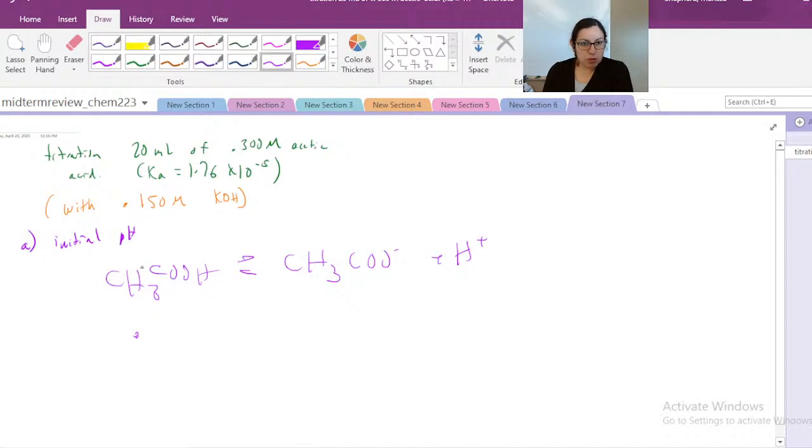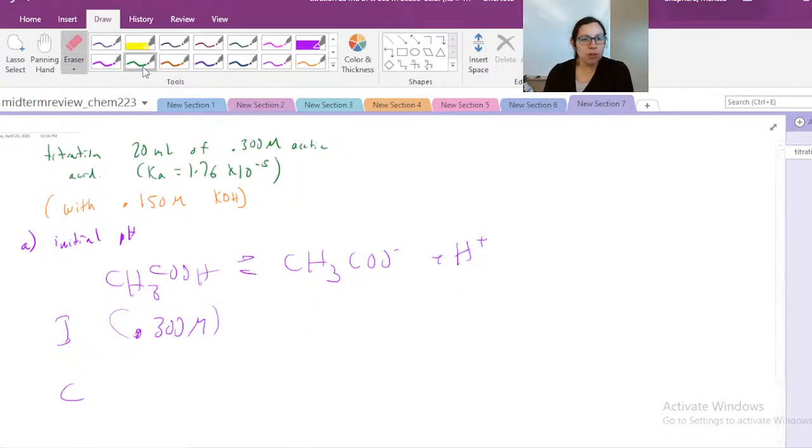So then start with our molarities, 0.300 molarity. And now figure out how much dissociates. So we have plus x for our change. Sorry, let me slow down a little.